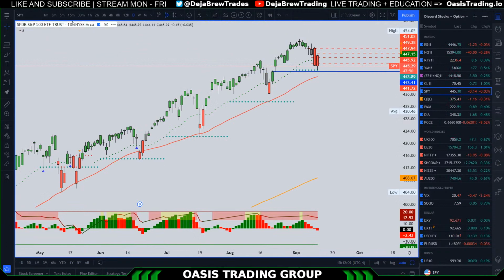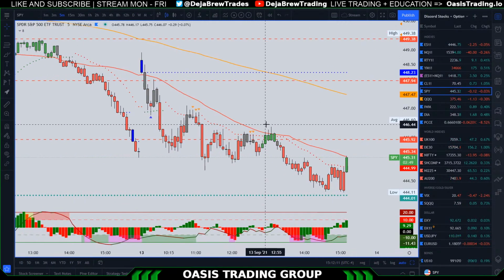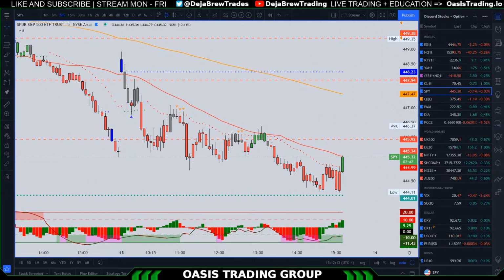Nice little bounce here on SPY and Qs, bouncing right off the monthly VWAP. I was looking at selling premium on SPY down here, but I didn't really decide what I wanted to do.